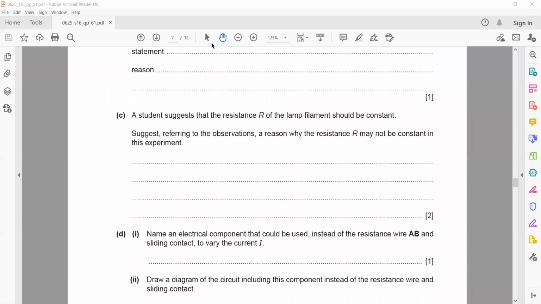The temperature of the lamp might change. That is why the resistance is not constant.